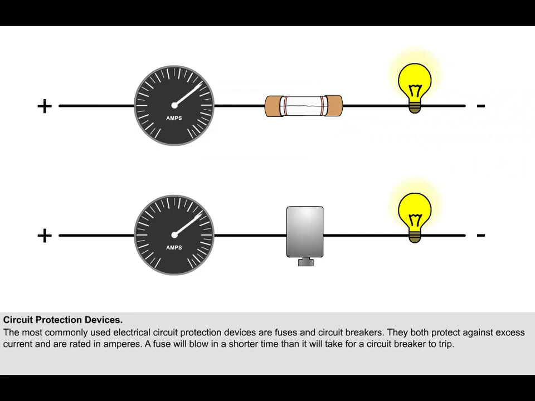A fuse will blow in a shorter time than it would take for a circuit breaker to trip. In both cases, the time taken is measured in fractions of a second. But this can be important for pieces of sensitive electronic equipment, which are often individually protected by fuses.